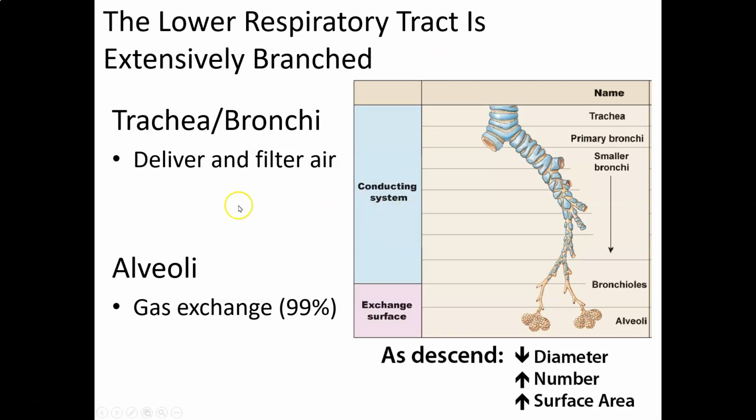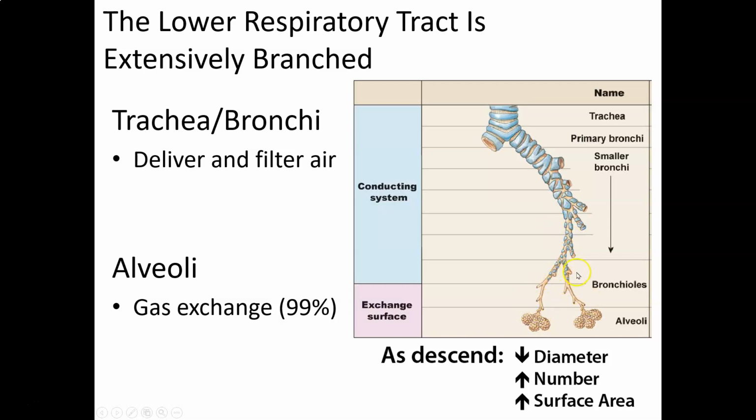So the upper conducting zone is more concerned with delivering air, filtering air, humidifying air, while the exchange surface obviously is more concerned with gas exchange. So as we move down the respiratory system, right, the diameter gets smaller and smaller, right?